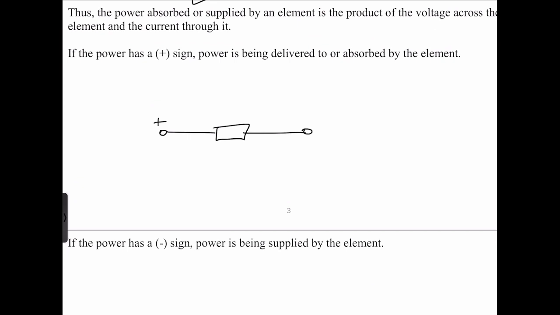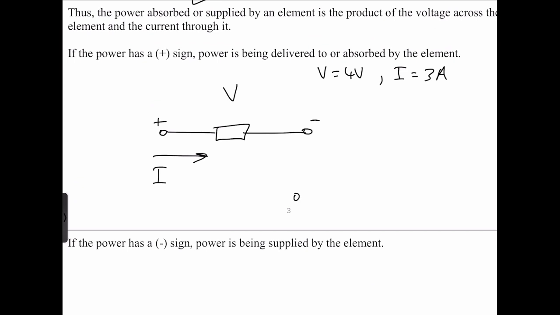And with positive and negative V, we can make V equal to 4 volts and current equal to 3 amperes. So if the power is being delivered to or absorbed by the element, current I is flowing into the element, so it flows in the positive direction.